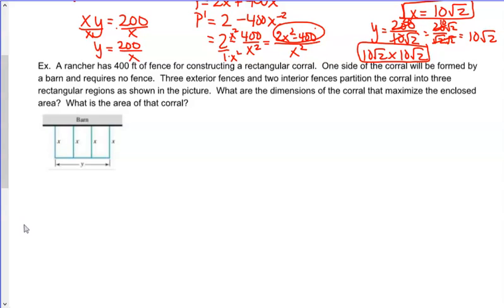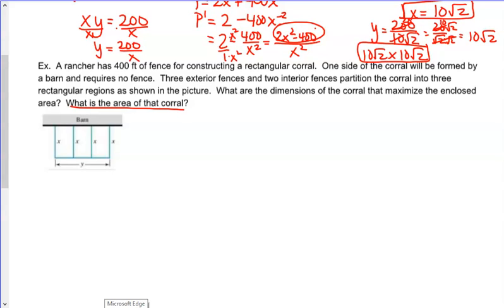No fence required. 3 exterior fences and 2 interior fences partition the corral into 3 rectangular regions as shown in this picture. What are the dimensions of the corral that maximize the enclosed area, and what is the area of that corral? So we're looking for the x and the y that allow us to maximize this corral here, okay? Then it asks me for a final question of what is the actual area, okay?